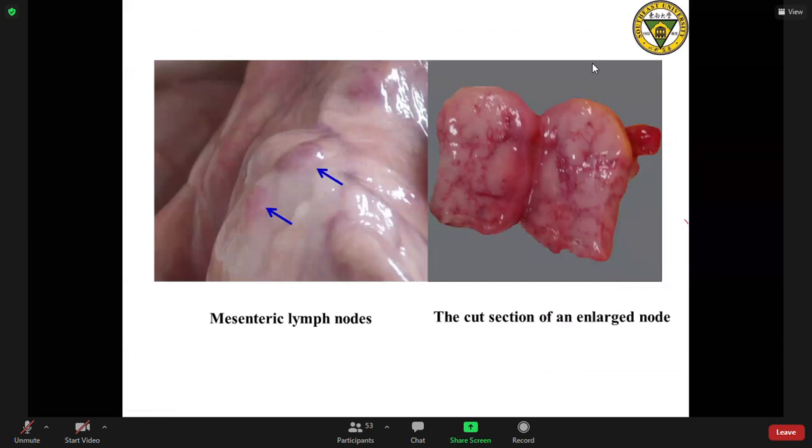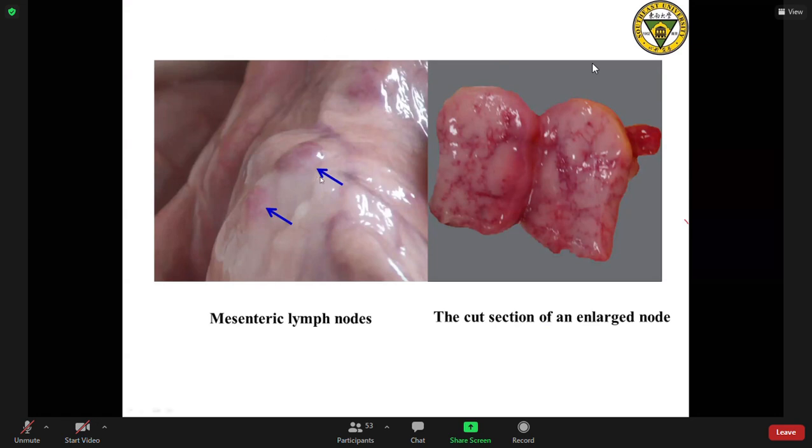But when we see the lymph node, I think I should review some normal histology of the lymph node. You know, pathology is difficult, but we need some basic knowledge about histology.